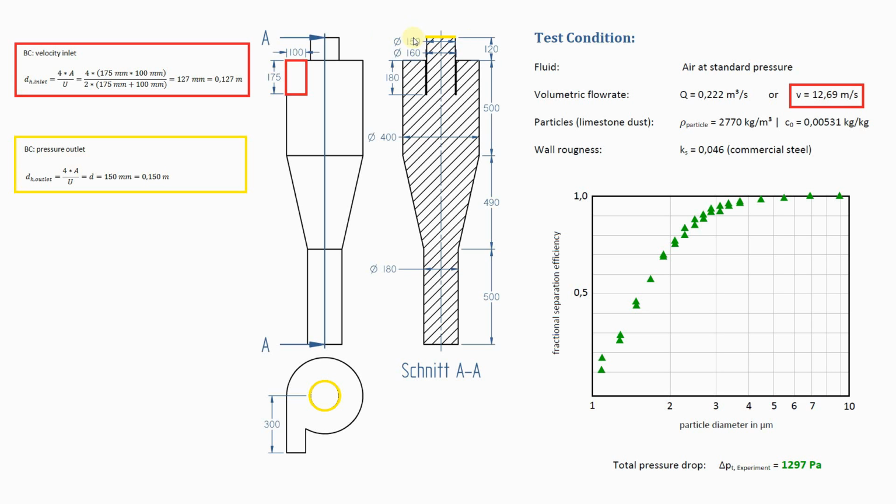Another thing you can see in the test conditions is that the cyclone operates under really low particle-laden conditions. So the procedure will be to, first, calculate the flow field in the cyclone, and after that we're going to inject some particles in the inlet using the discrete phase model, which is really the standard procedure for any cyclone simulations, but you're going to see this in a few minutes.